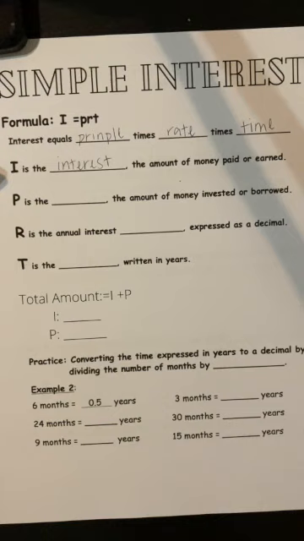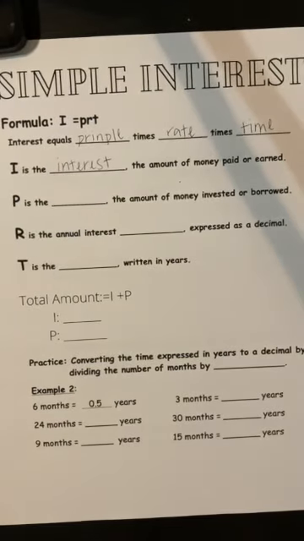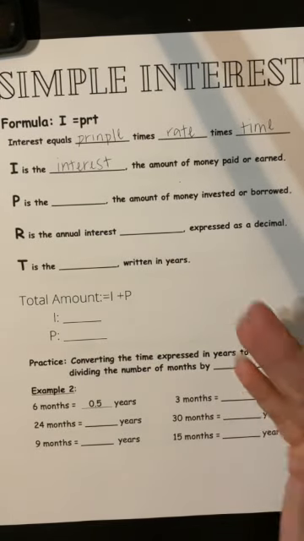This is the amount of money paid or earned. So after a certain amount of time, this is what you earn onto your original. So that's what simple interest is all about. It's about loans and payments and savings accounts and really earning money on top of your actual money.